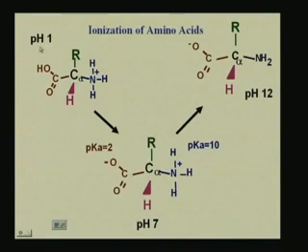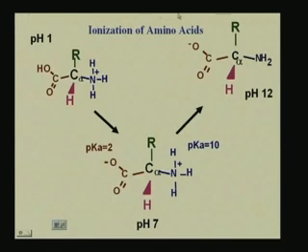At a pH of 1, when the pH is very low, I have COOH. I also have NH3 plus. We all understand that. Why? Because I have an acidic solution which has sufficient protons to protonate all the amino groups. We are not talking about the side chain right now, but since the amino acid itself has a carboxylic group and an amine group, we can consider the protonation of those two sites alone.